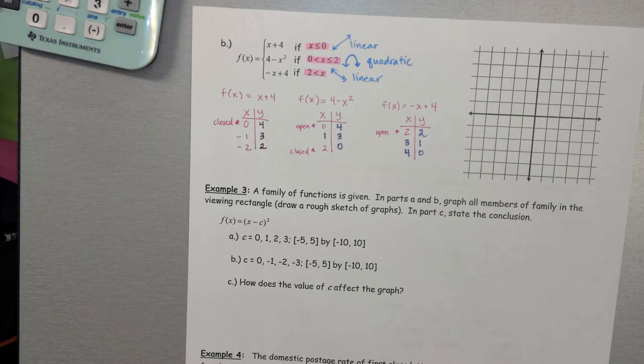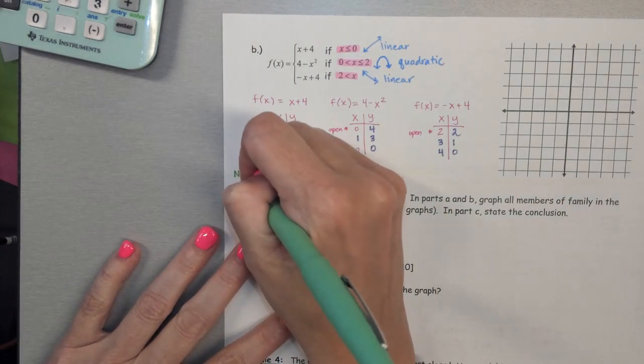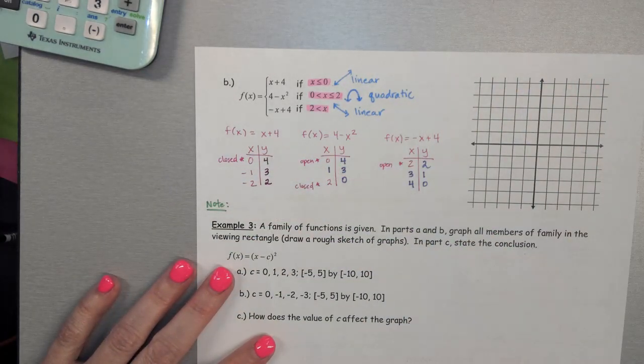Now sometimes you will get a closed circle and an open circle that overlap. So we're going to write just a special note for that. If you don't have room underneath your tables, you can just put it up here.